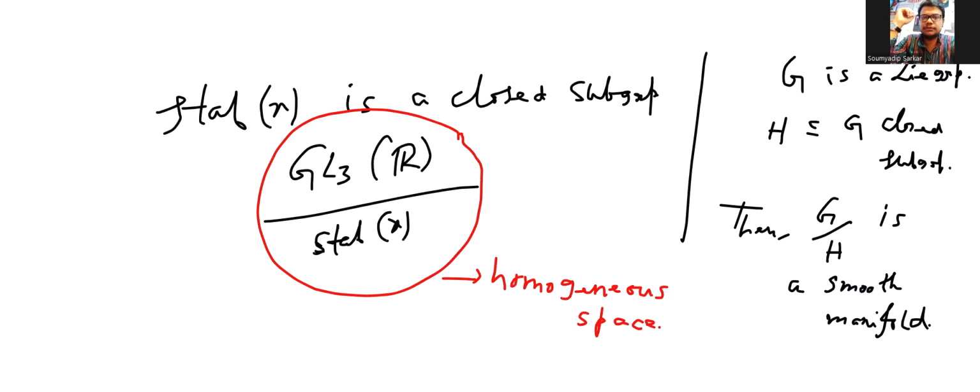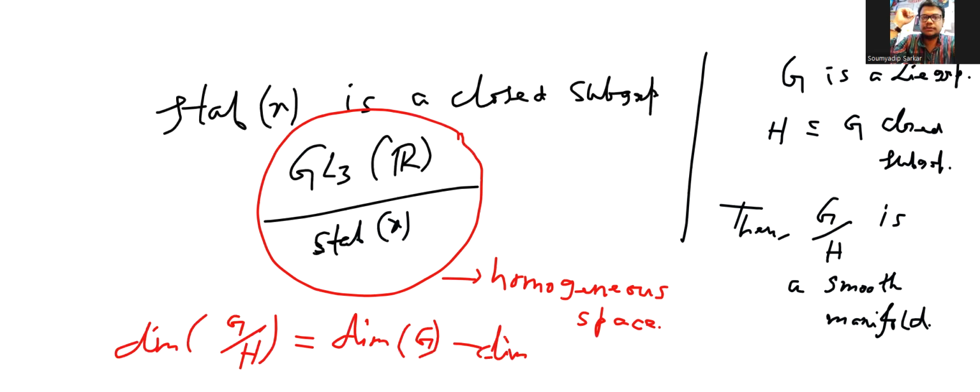And the dimension of the manifold G mod H is just the dimension of G minus the dimension of H. That is a basic thing.